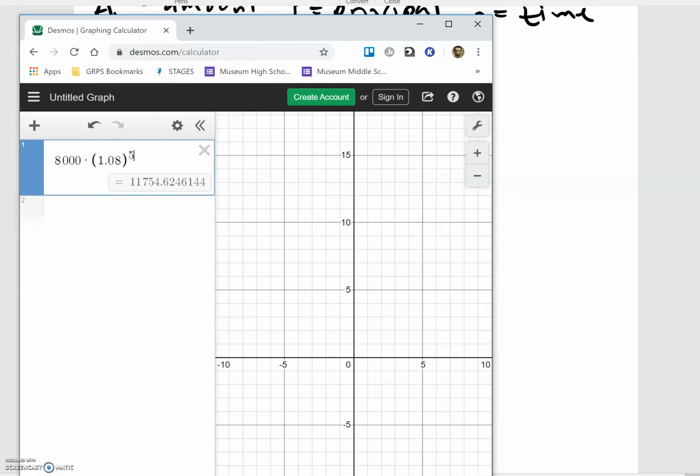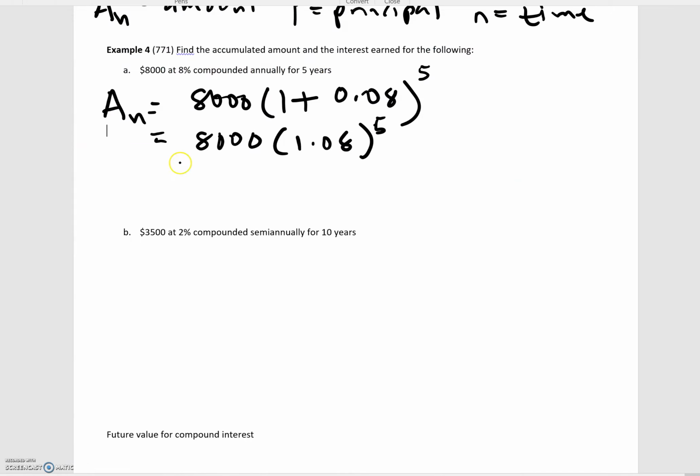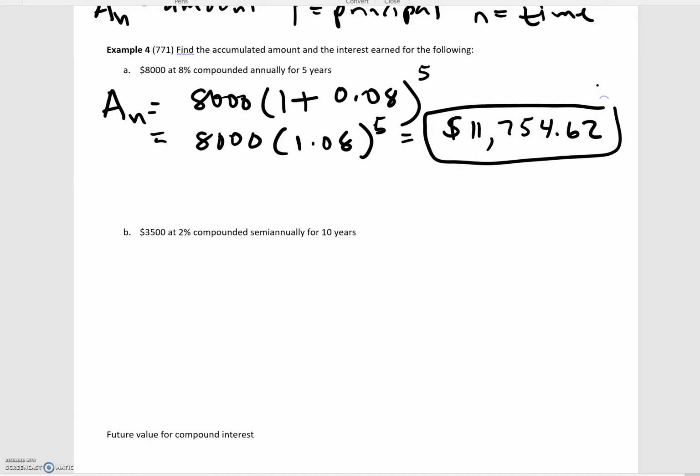The fifth power. So we're looking at $11,754.62. So our total amount at the end of this experience is this total. If we wanted to find only what we're paying in interest, you're going to take the total amount, subtract the principal.